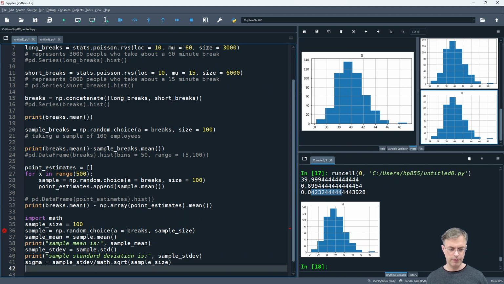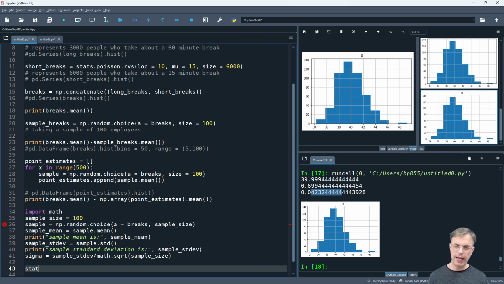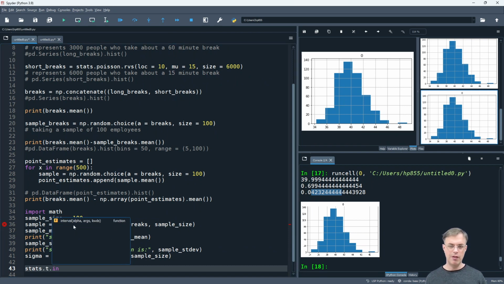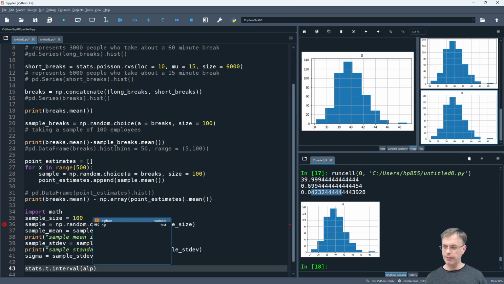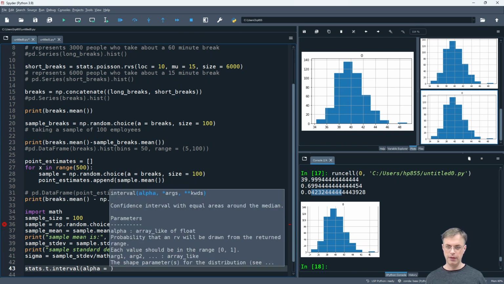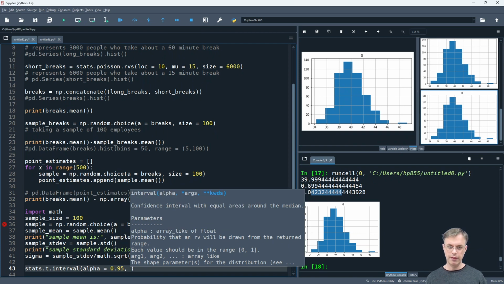Sigma, sorry, not E. That is the population standard deviation estimate, and that's the T interval. And now alpha is going to be, you see it here, how to use. So alpha of float, that is the confidence interval, set to 0.95. Then the degrees of freedom is sample size minus 1.